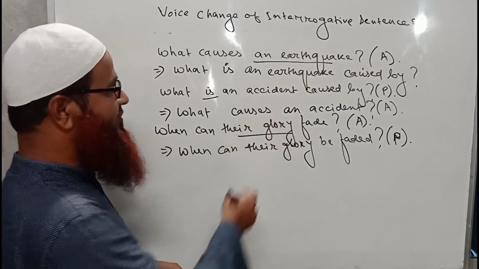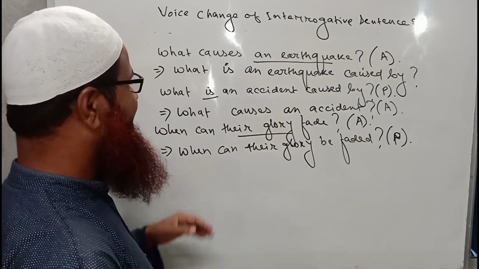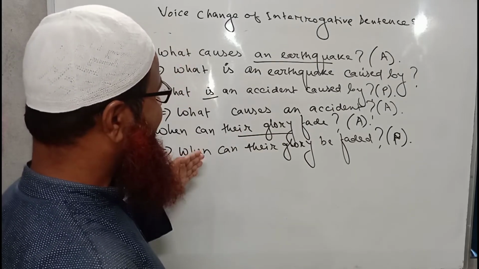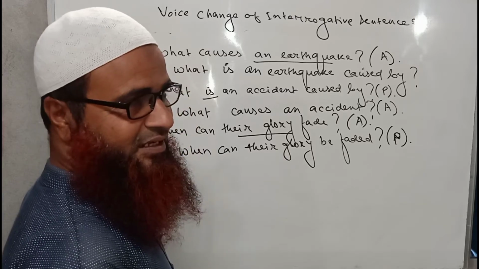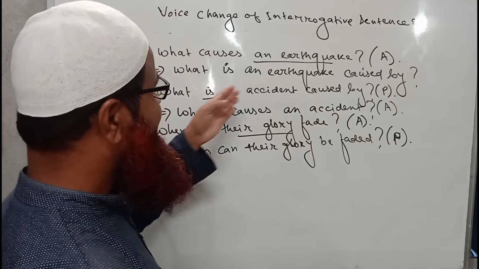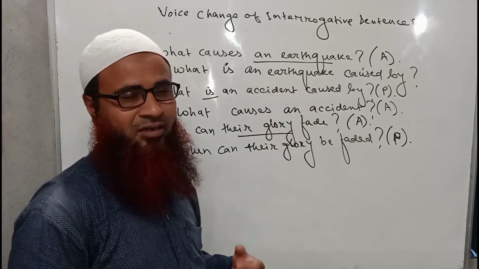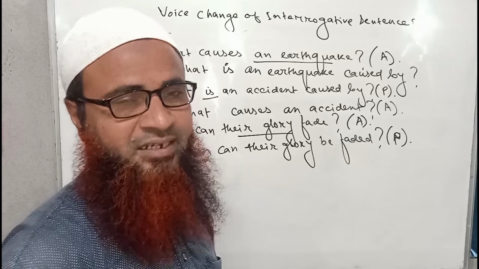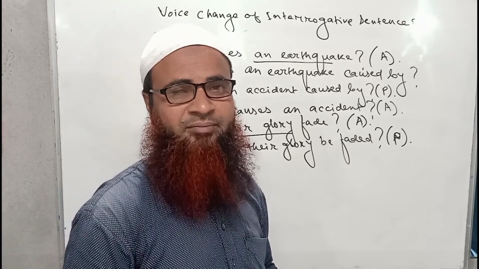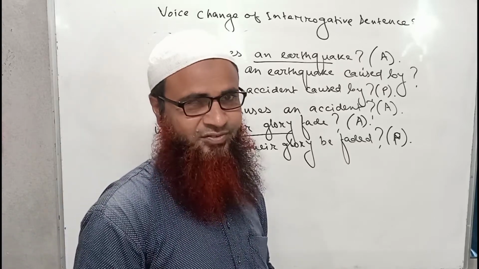So here in passive also we have discussed it, or you can see that these are very special sentences in interrogative which can be made into passive by adopting a little sincerity or attentiveness of ours.